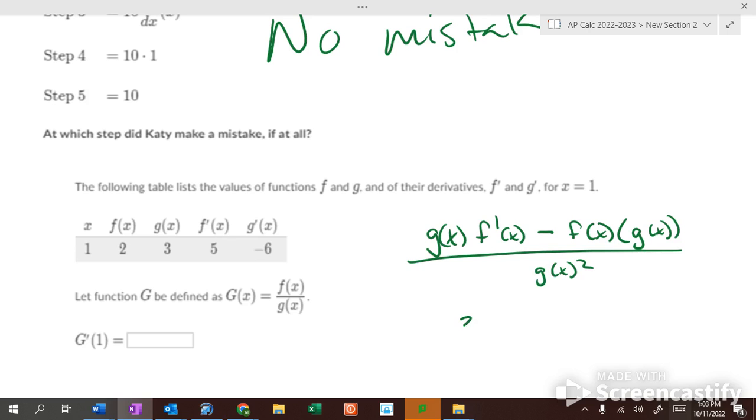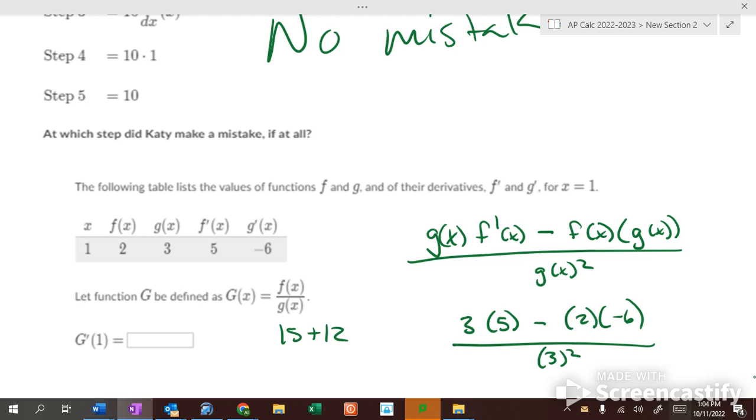So we know g of x is 3, the first derivative of f is 5, minus f of x, 2, times the first derivative of g of x, negative 6, over g of x squared, 3 squared. So you get 15 plus 12 over 9. 15 plus 12 is 27, over 9 is just plain simple 3.